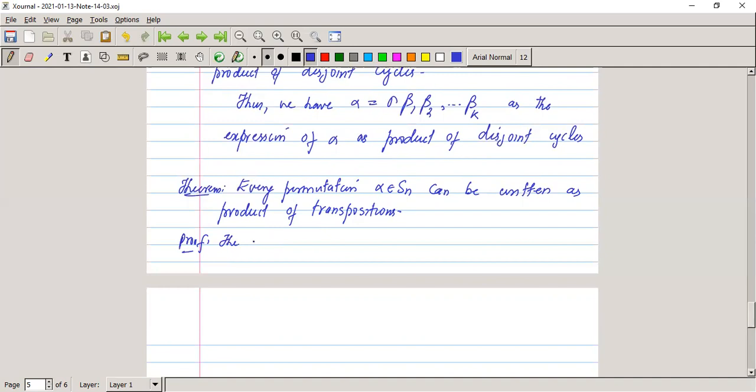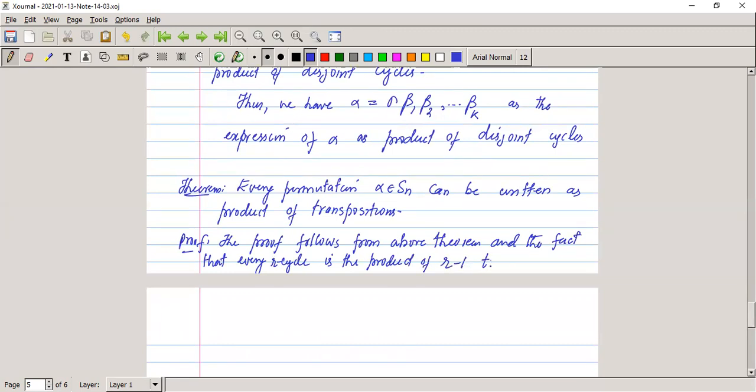So the proof follows from the above theorem and the fact that every cycle, or we can write every R cycle, is the product of R minus 1 transpositions.